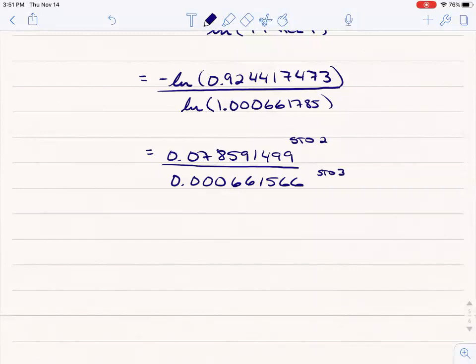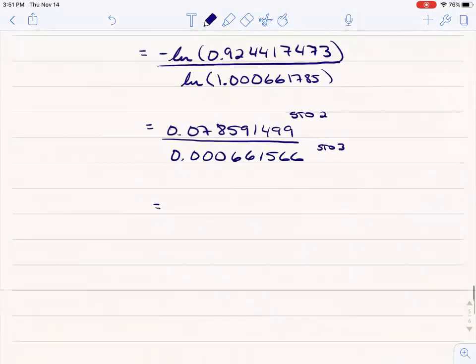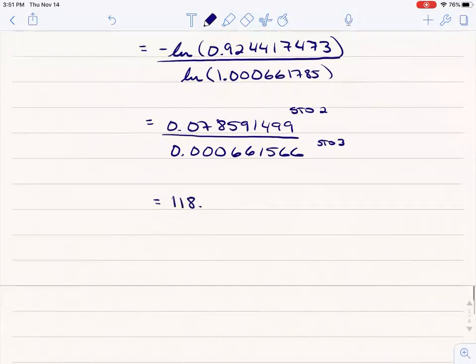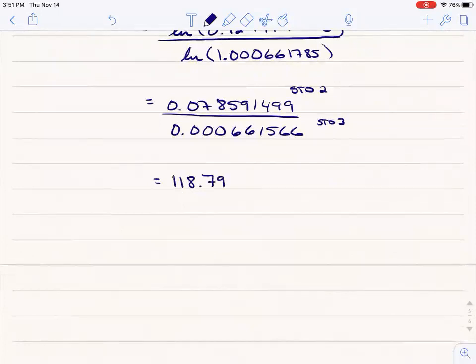So now, if I have to calculate this, I can just do recall 2 divided by recall 3, and I get 118.79611759. Remember, for n though, we can't have 0.796 of a payment, right?